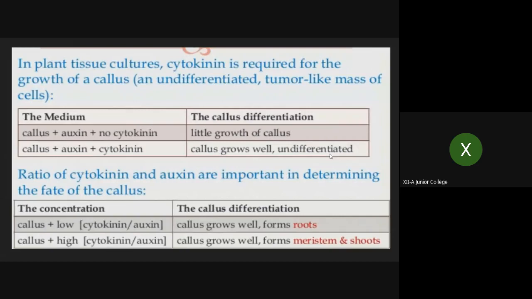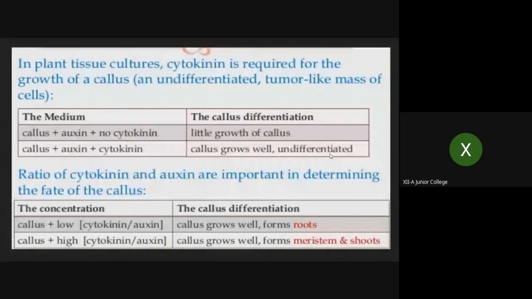And remember, when you are using the shoot as explant, what is needed there? Root development is necessary. So what should be more in quantity? When the root apex is used as an explant, what is necessary to be grown artificially? That is the shoot apex. Then what auxin is necessary to be present?